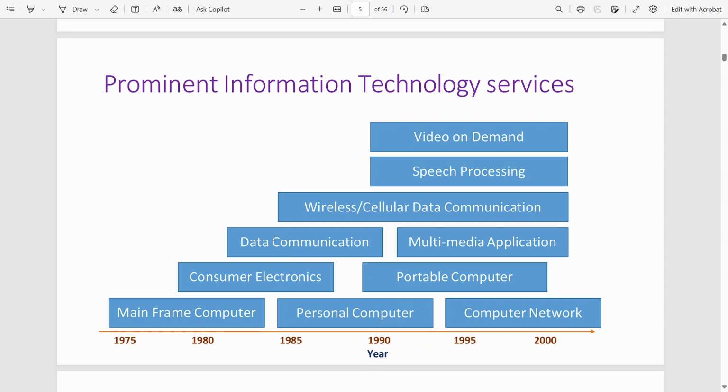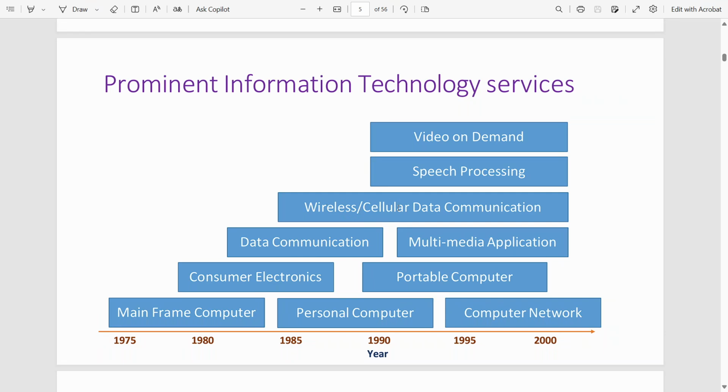And data communication came in the 1980s, and multimedia, like the gaming part, was introduced in 1990. In 1985, wireless or cellular data communication came. That is related to communication. Basically they started with GPRS, and next 1G, 2G, 3G, 4G.